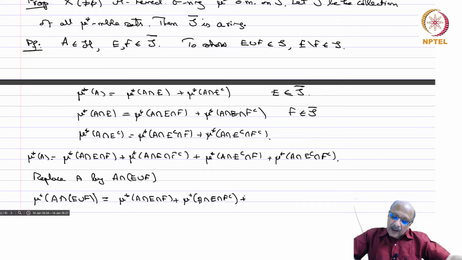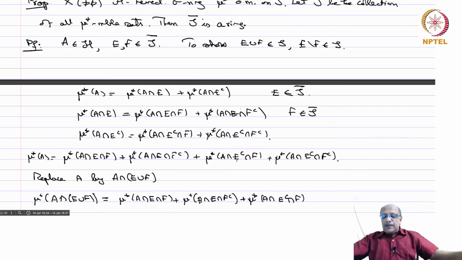Similarly here you get mu star of A intersection E complement intersection F will come. For the last term, when I put E here, E intersection E complement will give you the empty set. So it's just these three terms.